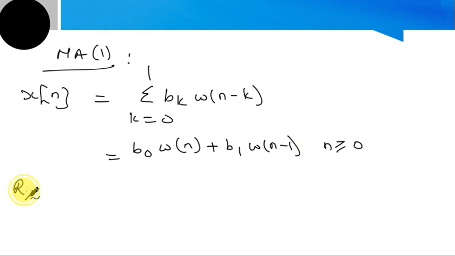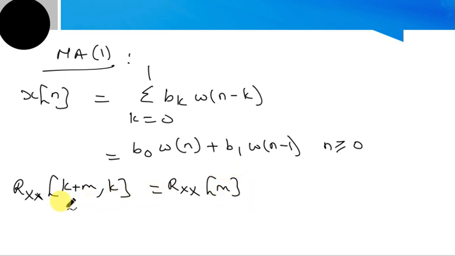Next, what happens to my autocorrelation function? I have to take Rxx of k plus m comma k. This is nothing but Rxx of m. It would be more appropriate to write k comma k plus m, since I am just taking the difference k plus m minus k in the time interval. This gives me the autocorrelation of m.